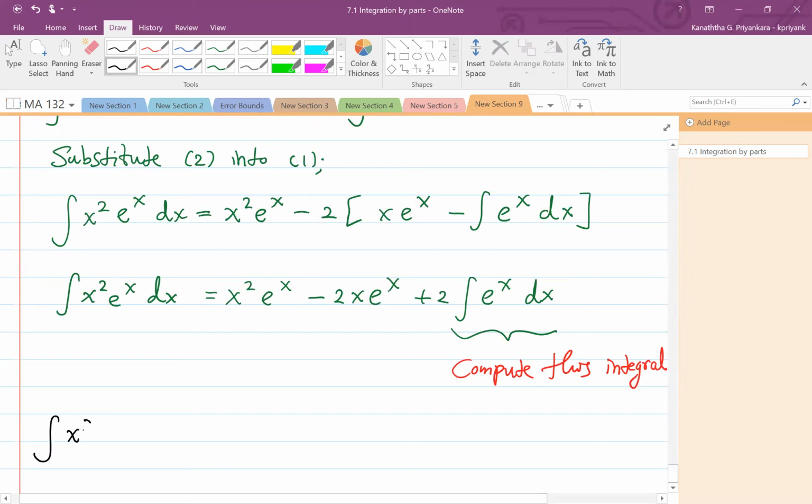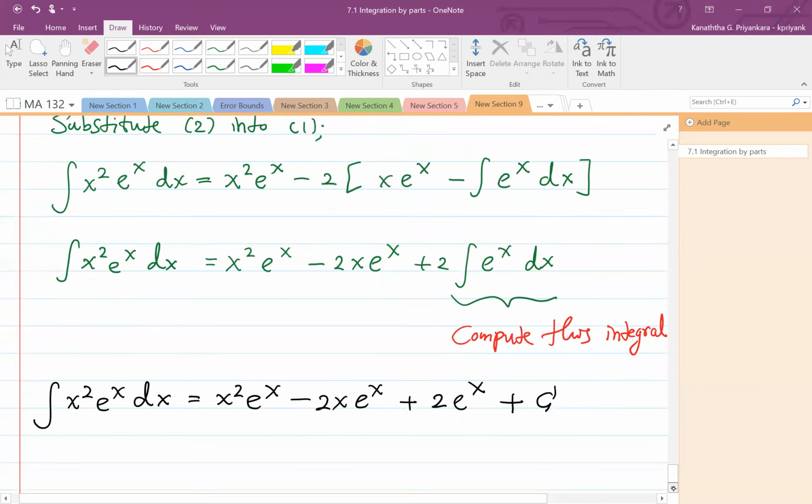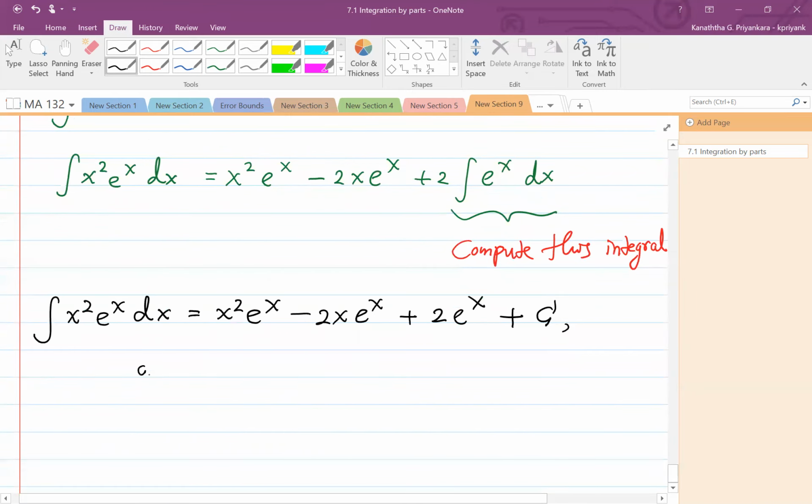Integral x squared e to the power x dx would be x squared e^x minus 2x e to the power x plus 2 times the antiderivative of e to the power x, which is e to the power x, plus a constant, where c is a constant. So that is the answer.